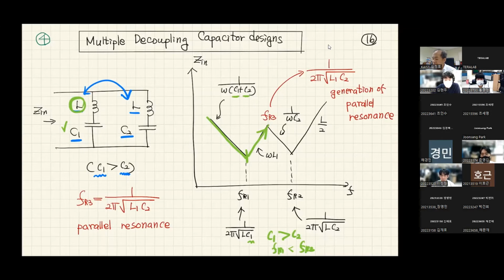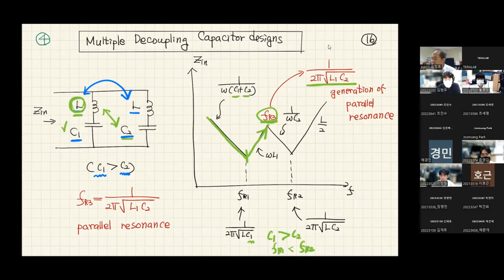And now we're gonna meet another resonance that is happening by an interaction of C2 and L. At this point, there is a parallel interaction between the inductance L and the capacitance of the parallel circuit C2.